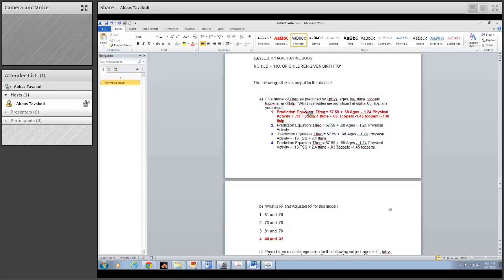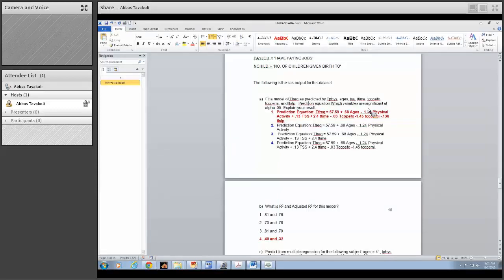The question is which variables are significant at alpha 0.05, and I asked you to write the prediction equation for the model.